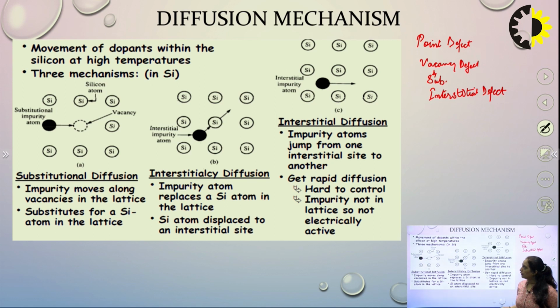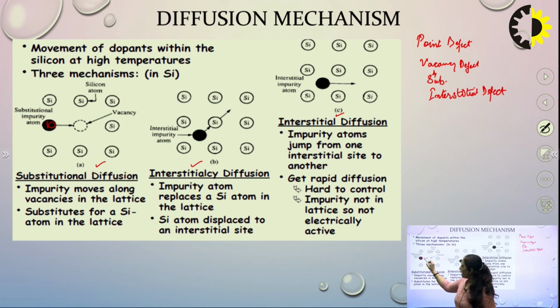Okay, so let us see the diffusion. Three types of diffusion mechanism we can have. The first one is the substitutional diffusion, the second one is the interstitial diffusion, and the third one is the interstitialcy diffusion. Okay. So what happens in substitutional diffusion? In the case of substitutional diffusion, we must have some vacancy. Here we have the vacancy. This is the silicon atom and this is the dopant atom, right? Now, this dopant atom will be shifted to this vacancy. Then this type of diffusion is known as substitutional diffusion, right?